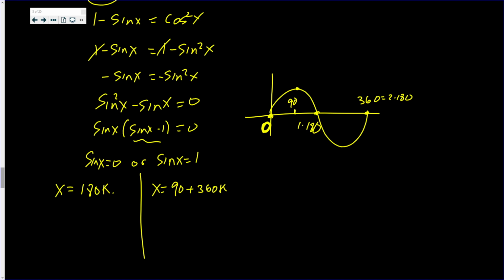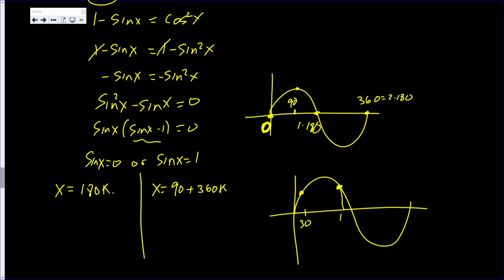Now, I'm not adding 360 on the left when I have 180k. See, in the past, say it was a half, we got two very different answers. We got 30 and we got 150.